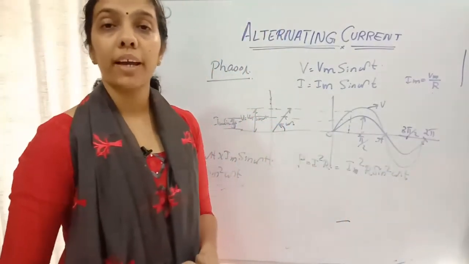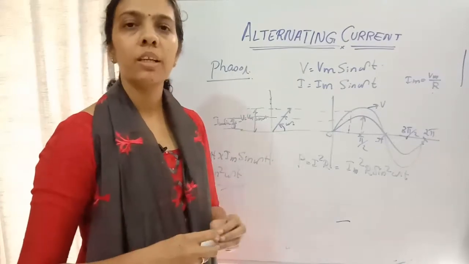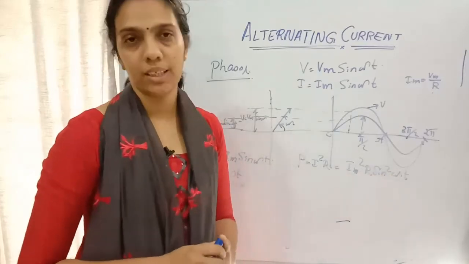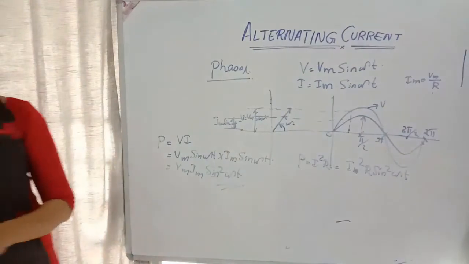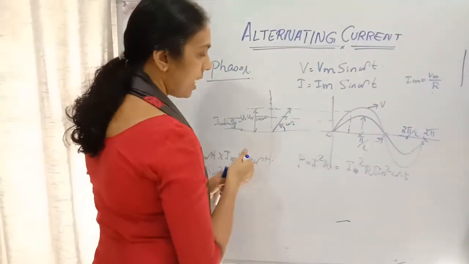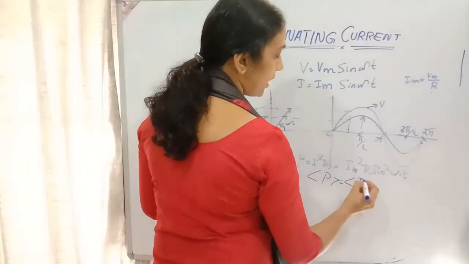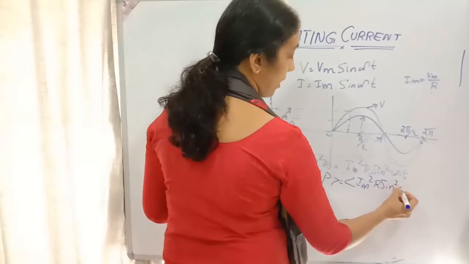Now we are going to find out the average power. How can we find the average power? We should find the average of Im square R sine square omega t. So average power P equals the average of Im square R sine square omega t.